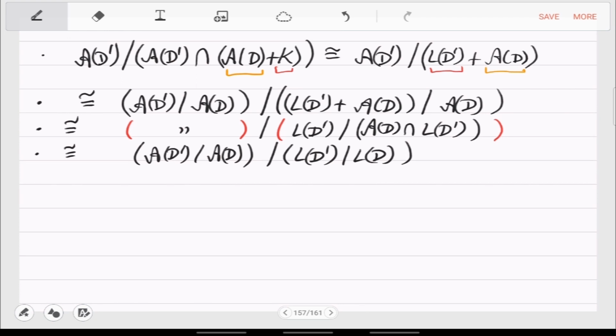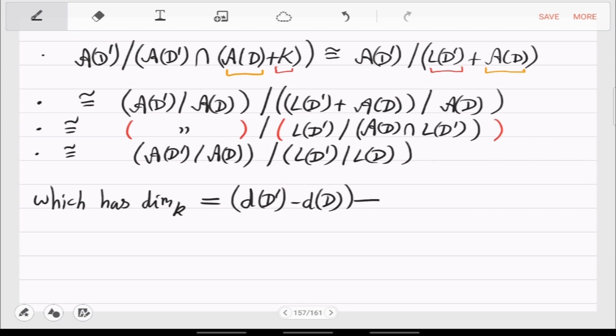Right, and this is something which we now understand better than the thing that we started with. So from here now you can deduce that the dimension is equal to degree D prime minus degree D minus LD prime minus LD, right?